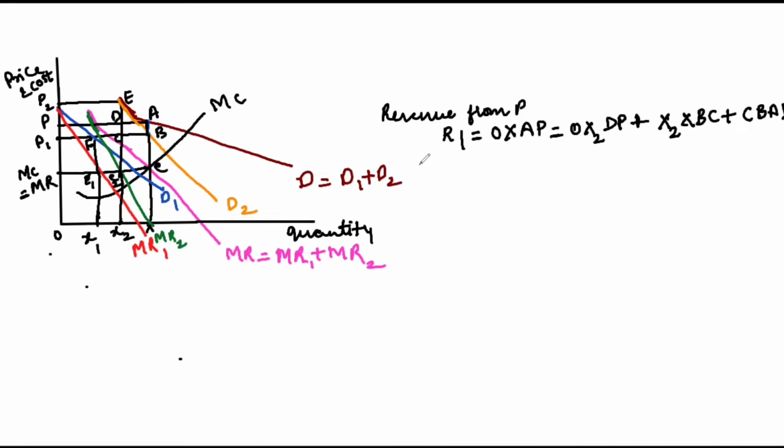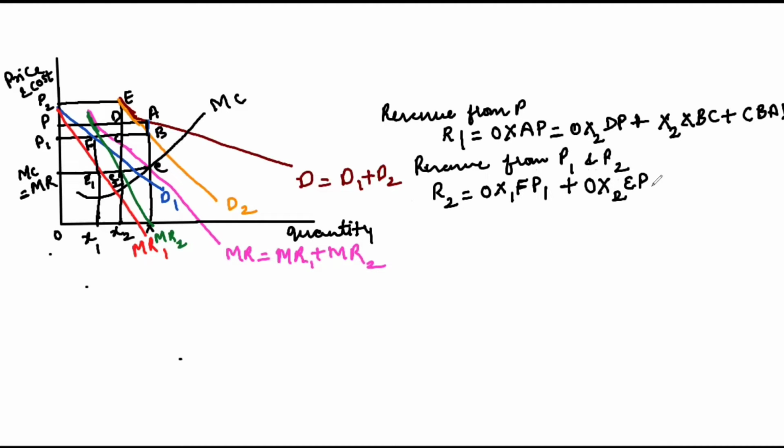Now, revenue from charging two different prices, P1 and P2. So revenue from P1 and P2, I'm representing it as R2, is OX1FP1 plus OX2EP2.